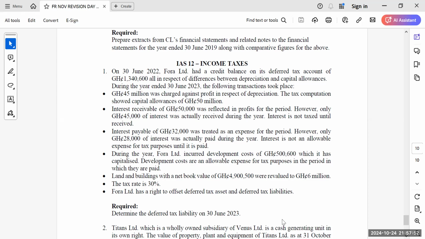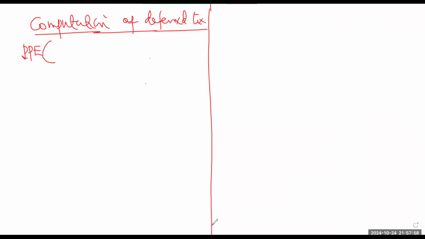So for PPE, what is the tax rate? 30%. So we have 0.3 multiplied by 5,000, that is 5 million. So that will be a deferred tax liability.